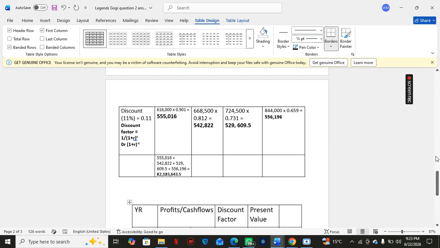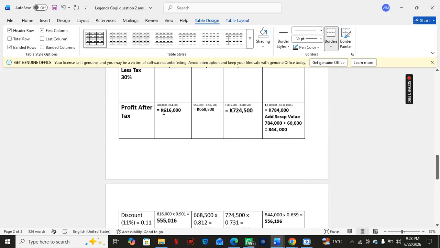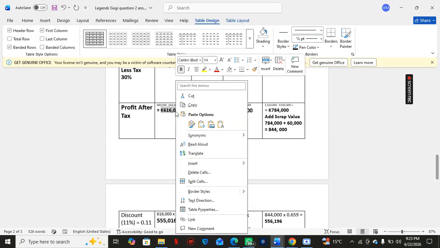Year 1, profit here, we're going to use 616,000.